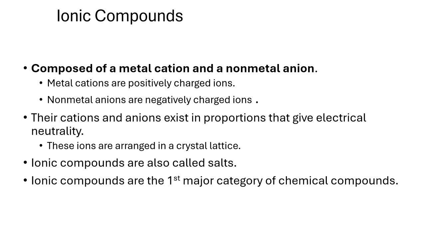But if I have sodium with a +1 charge and oxygen, or oxide, with a -2 charge, I'm going to need 2 sodiums for each oxygen. So ionic compounds are also called salts, and they're the first major category of chemical compounds. We talked about them quite a bit in basic chemistry.